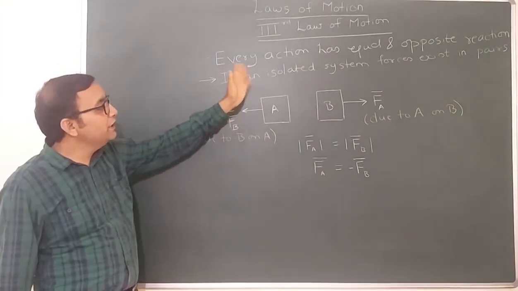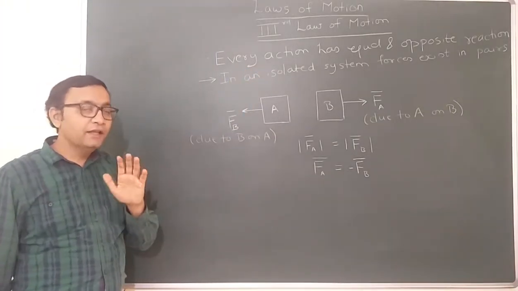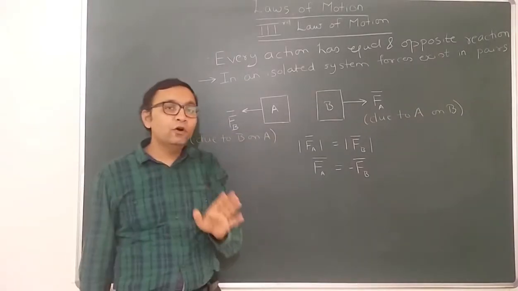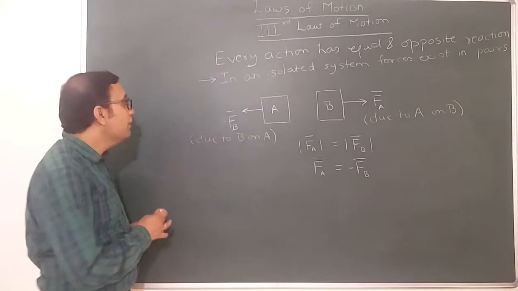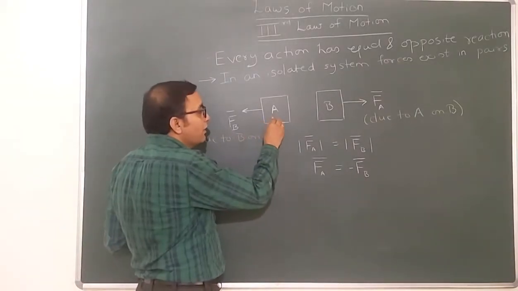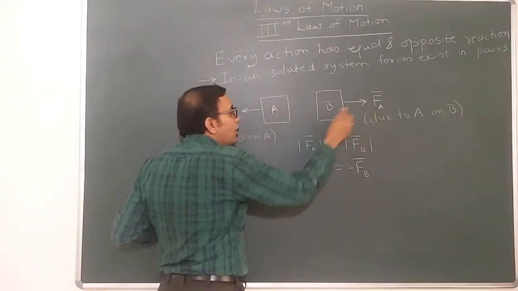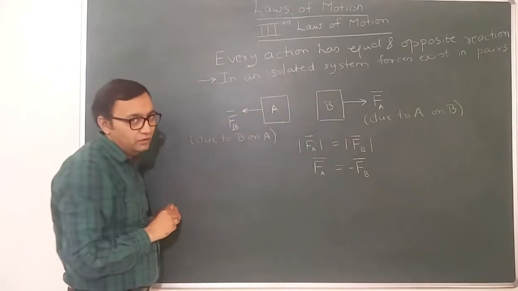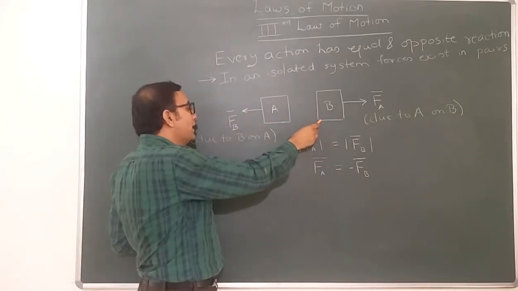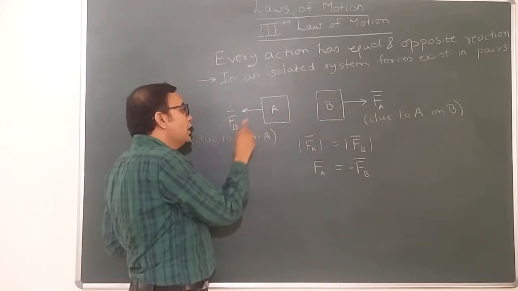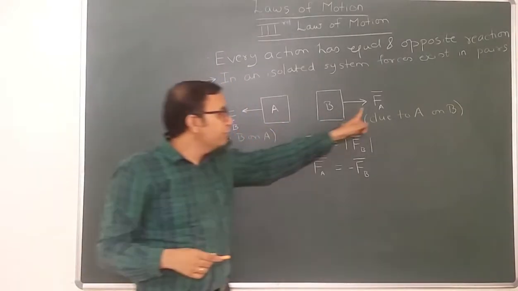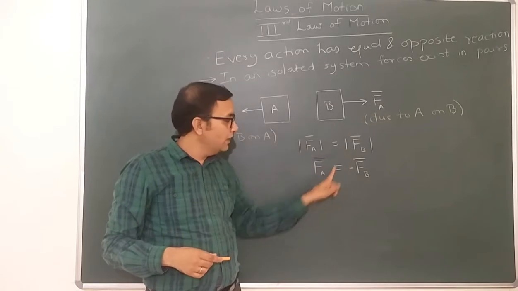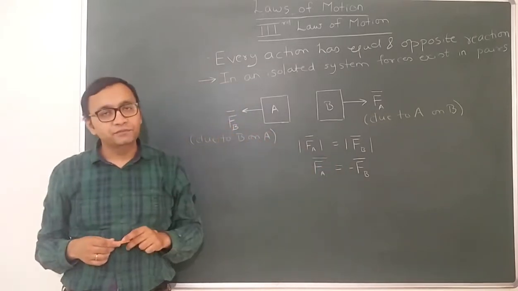Now this equal and opposite force is not applied on the same object. For example, if there is an object A which applies Fa on B, then B will apply Fb on A, and Fb and Fa are equal and opposite in direction.